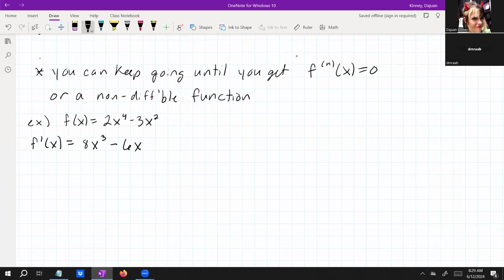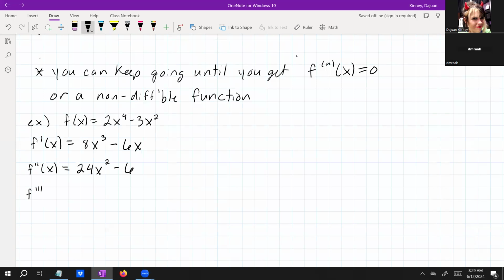That's that. Second derivative. My numbers are going to get kind of gross. 24x squared minus 6. So each time we take a derivative, we lose a degree for all of our terms.